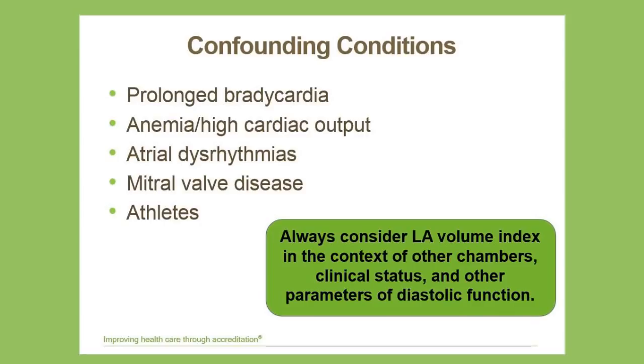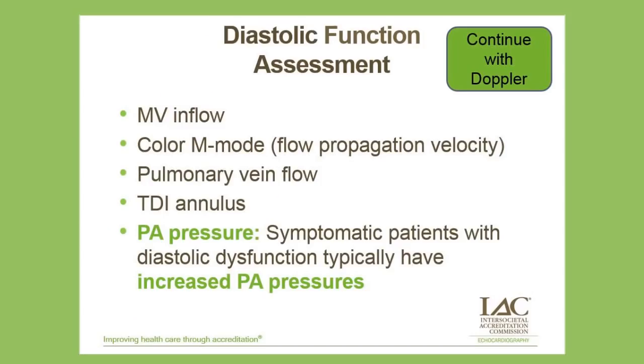Certainly with mitral valve disease, either stenosis or regurgitation. And then, of course, we always have the situation of athlete's heart where we see chamber enlargement in the absence of pathology. So always consider the LA volume index in the context of the other chambers, clinical status, and also the other parameters of diastolic function.